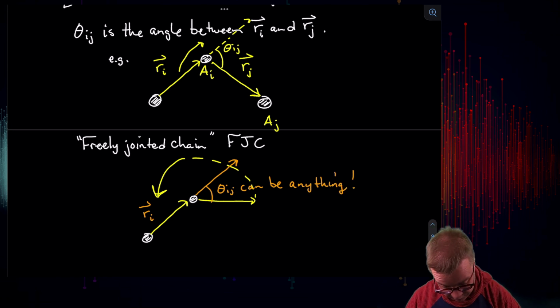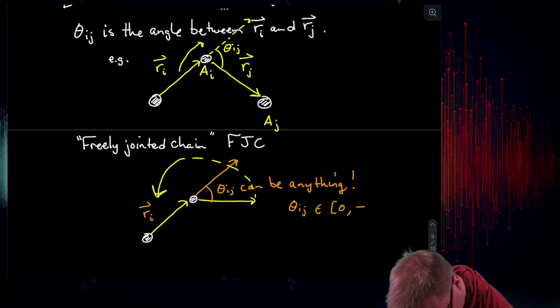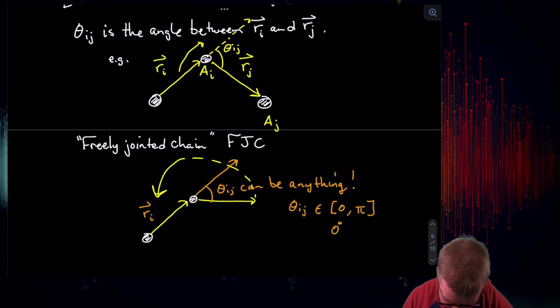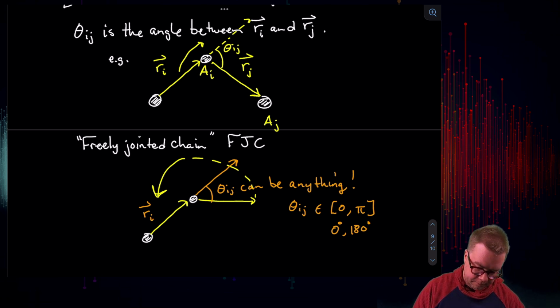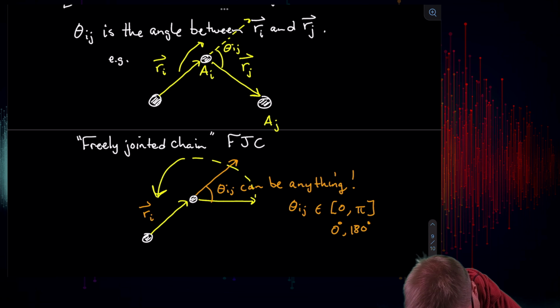And the only values that it could have then would be theta ij has to be between 0 and pi radians, right? In other words, between 0 and 180 degrees. If it was 0, then you would get your next monomer over here.